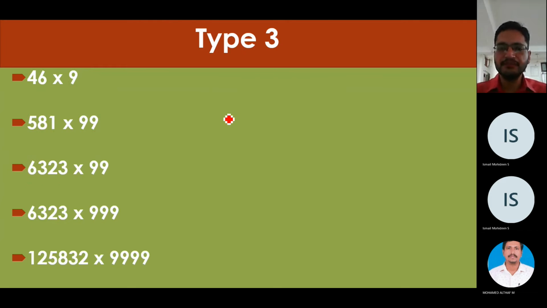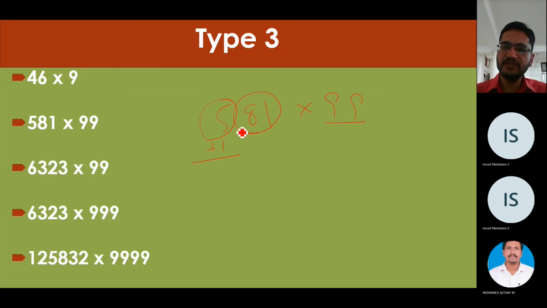Now one more example. 581 with 2 nines. Here we have 2 nines. So I will make a pair of 2 numbers starting from right. Now see, I will add 1 in the other number in the first step. 5 plus 1, 6.